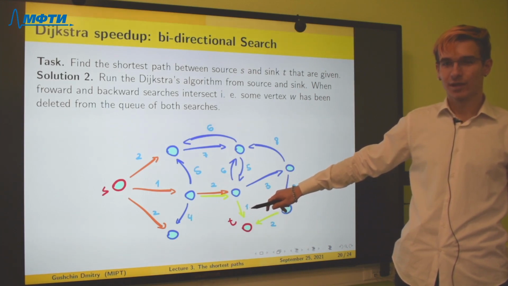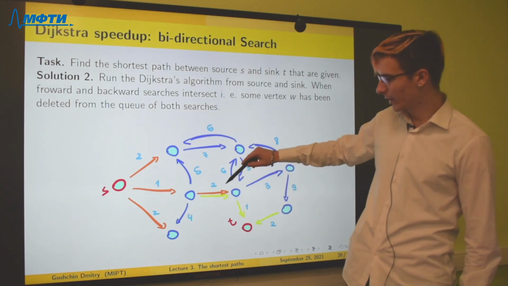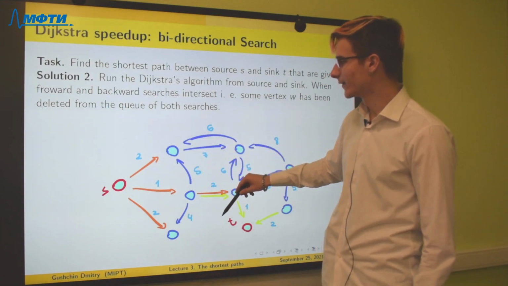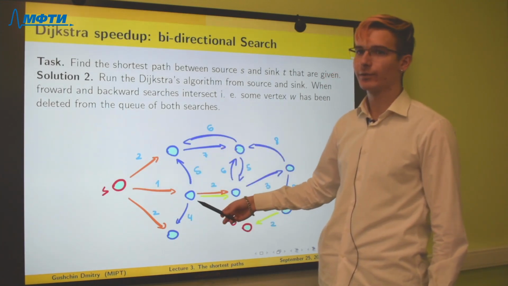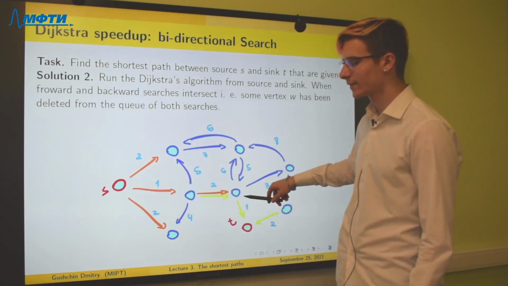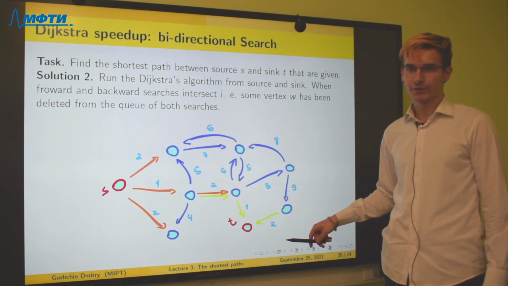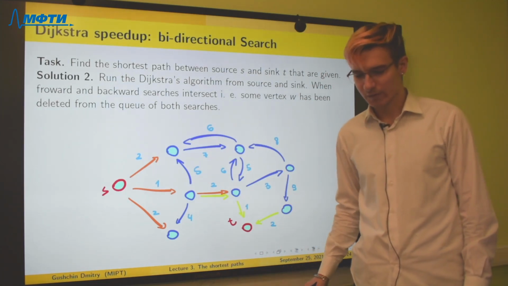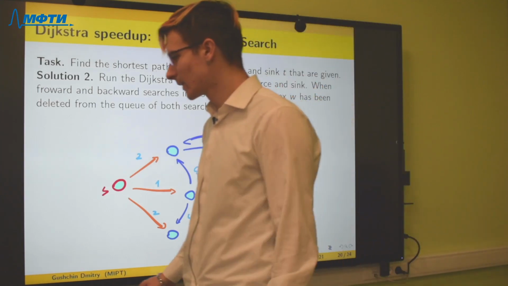Yeah? And when we find a vertex that is terminated for both of the algorithms, then we say, okay, that is the shortest path between source and sink.